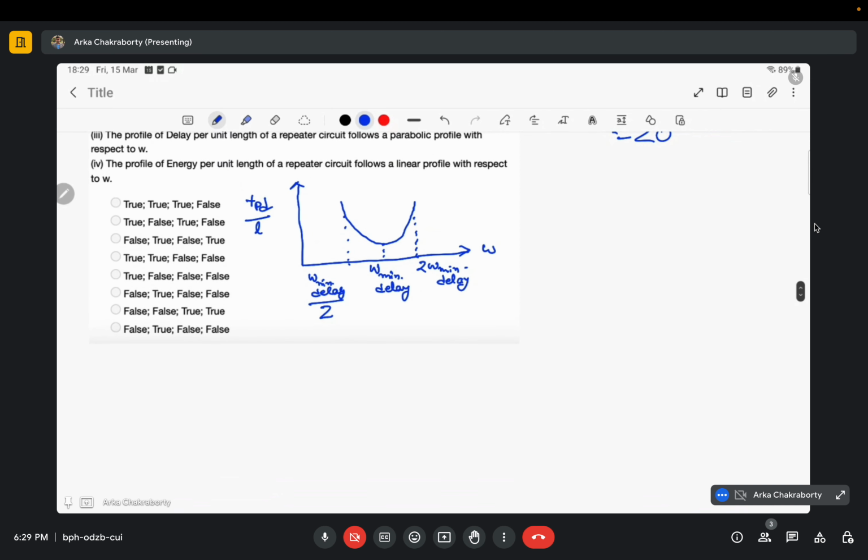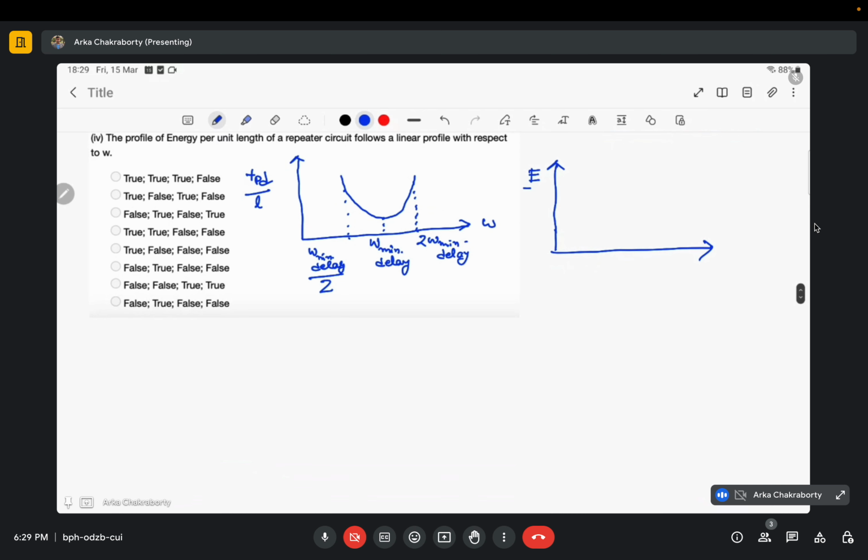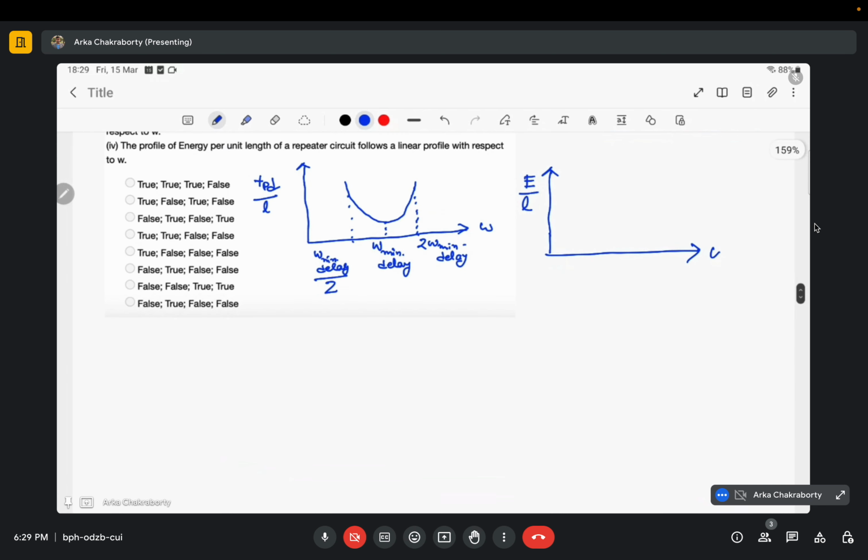And for energy per unit length, it was something like a straight line. Let me draw it below. Energy per unit length. Okay, so it was something like this.